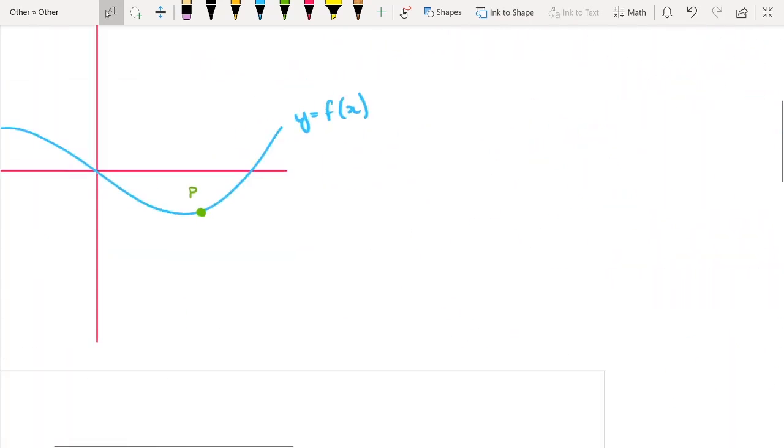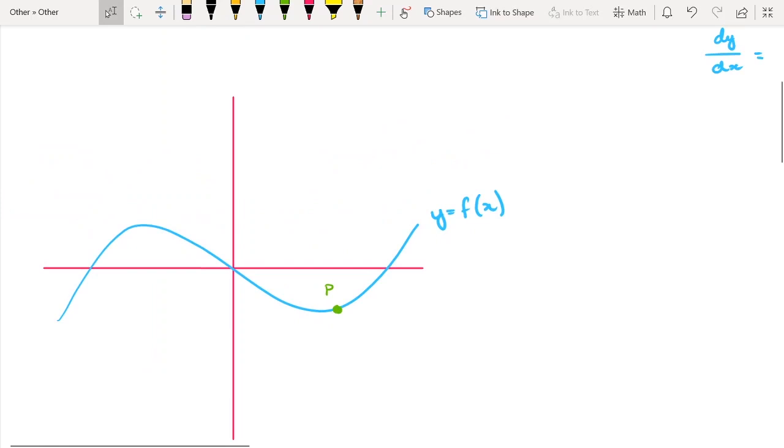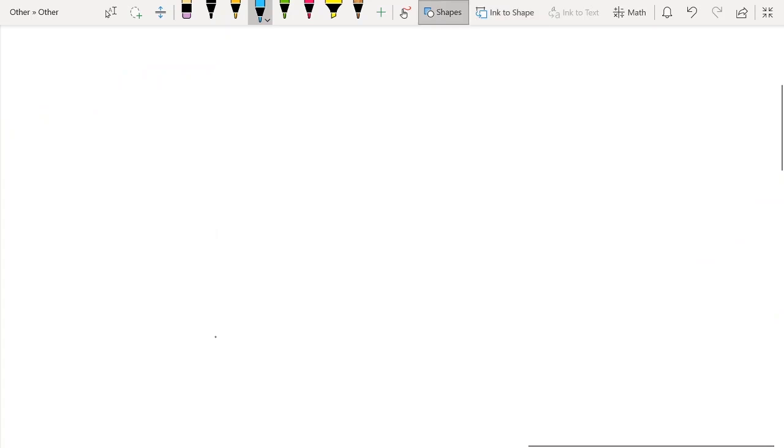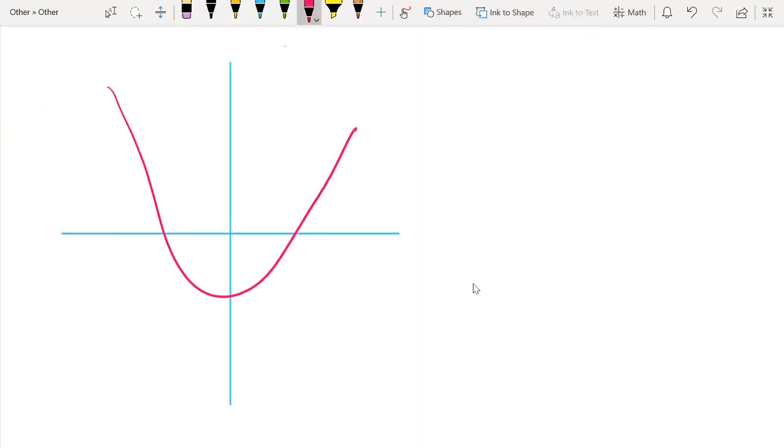Alright, the final thing we'll talk about is turning points. Going back to this graph, I have two turning points here. To simplify this situation, I'll just take a quadratic. This is my quadratic, y equals f of x, where one of the terms is x squared, and I don't know what the function is, but if I want to find the turning point, this is it.